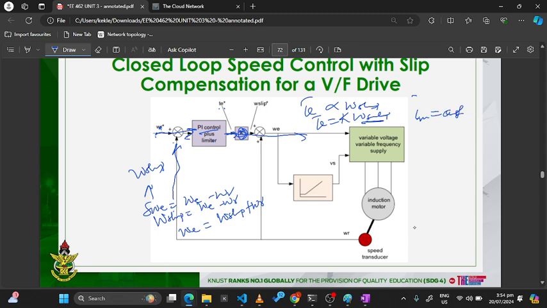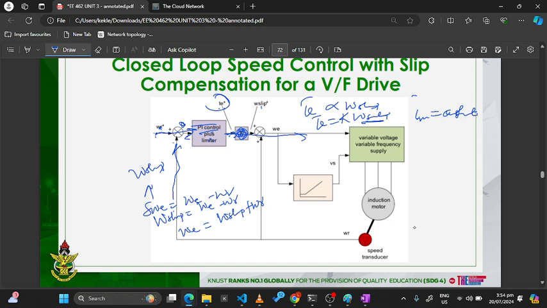Then we still want to keep Im constant. Therefore, even if we request a speed where we get a speed error, which goes to a PI controller with a limiter, it gives us a torque demand. This torque demand goes through a proportional gain and gives us omega slip.